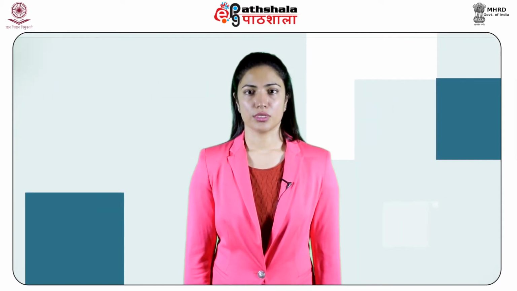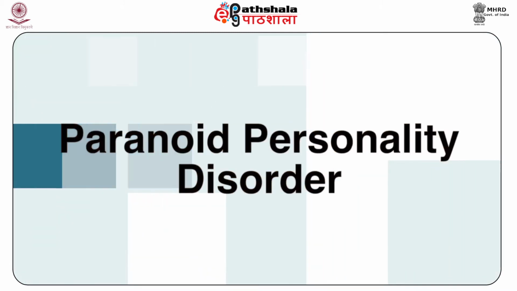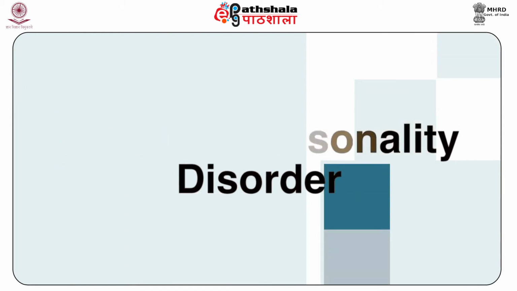People with odd, eccentric personality disorders have some traits in common with victims of schizophrenia and delusional disorders, though they do not show the decisive break in reality that characterizes those very grave conditions. These include paranoid personality disorder, schizoid personality disorder, and schizotypal personality disorder. So out of all these, first we will be discussing paranoid personality disorder.